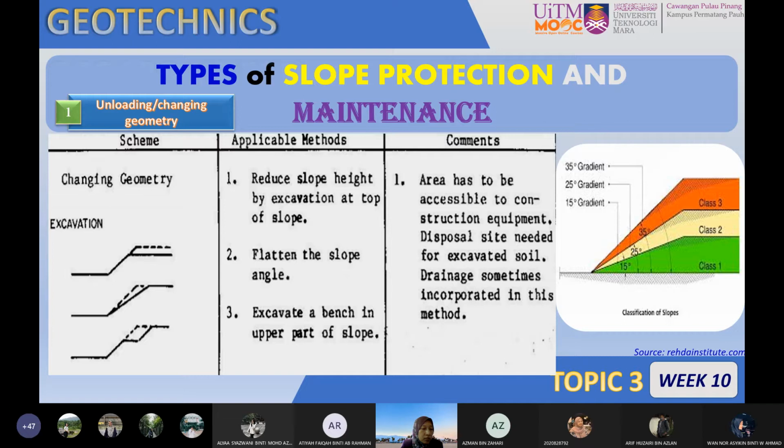Drainage is sometimes incorporated in this method. Changing the slope angle from steep to gentle may increase the stability of the slope, and the angle is usually supported by grass bonding together with the soil. This conventional method of angle grading requires some excavation. This type of method does not require heavy load resistance and naturally stabilizes the slope with the creeping grass surface.